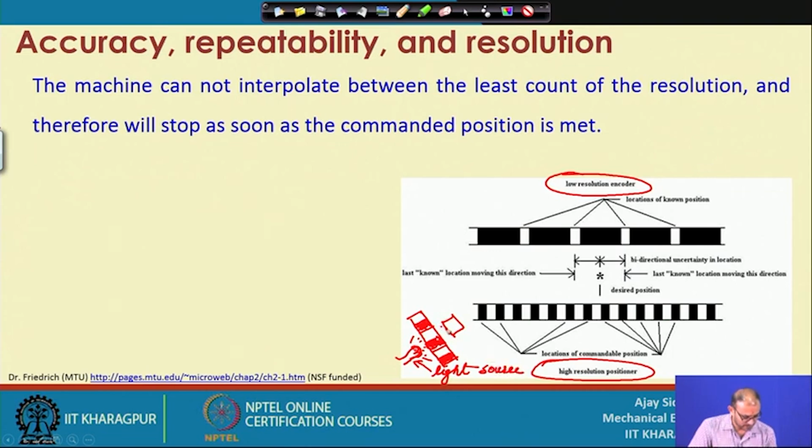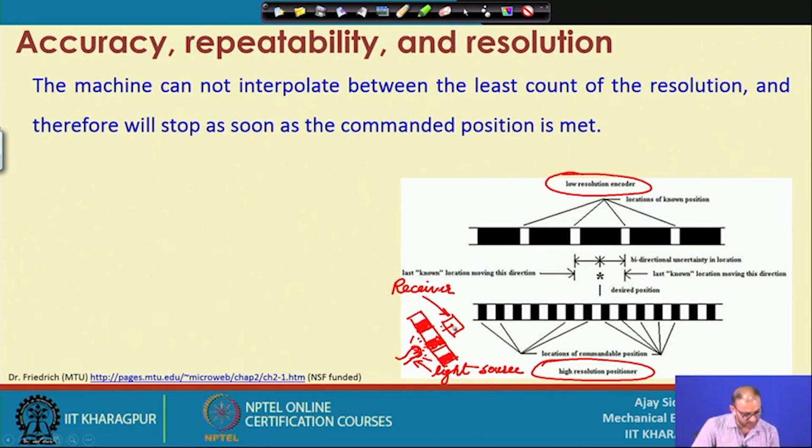Wherever this black portion comes, light cannot pass through and the receiver does not get the signal, but whenever the white portion comes, light will pass through it and the receiver will get the signal. When you are moving this table here and there, your light source will also be moving.